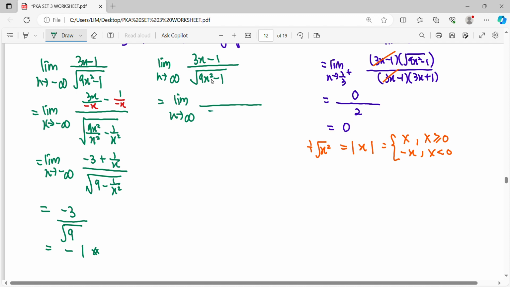So under the surd, you are dividing with x squared. So for the numerator part, you are dividing with x. Because your x approaches infinity, it means more than 0. The simplest form of the square root of x squared is x only.